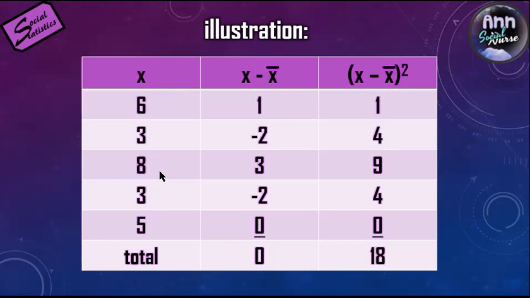So that's what I said a while ago, that all will become positive here after you square. So 8 minus 5, we have 3 squared, 9. 3 minus 5, negative 2 squared, 4. 5 minus 5 is 0, so when you square, it's 0. When you total the squares, you obtain 18.